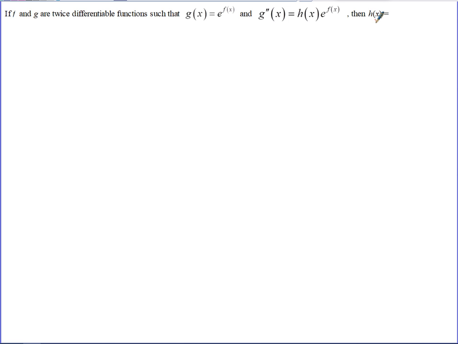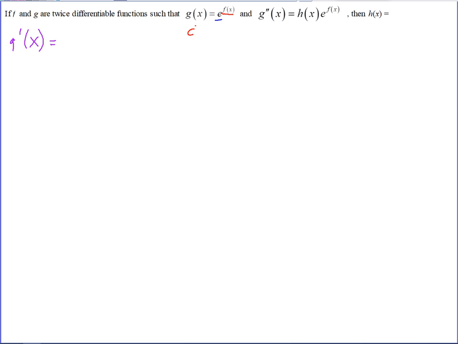But we have g of x, and h of x is in the second derivative. So let's just go from here and find the second derivative. So g of x, the g prime of x, first derivative first. Notice it's just a chain rule one. We've got e here, and inside that we've got f of x as our function, the exponent.